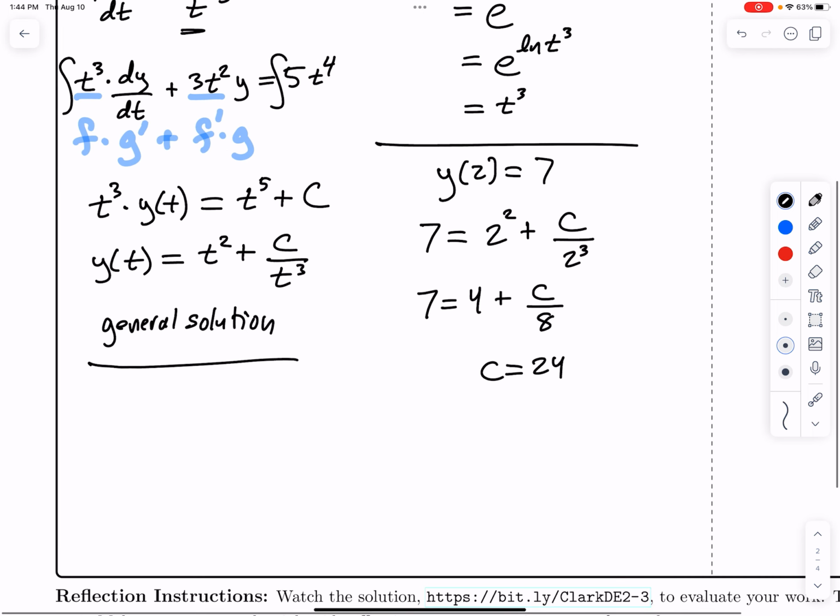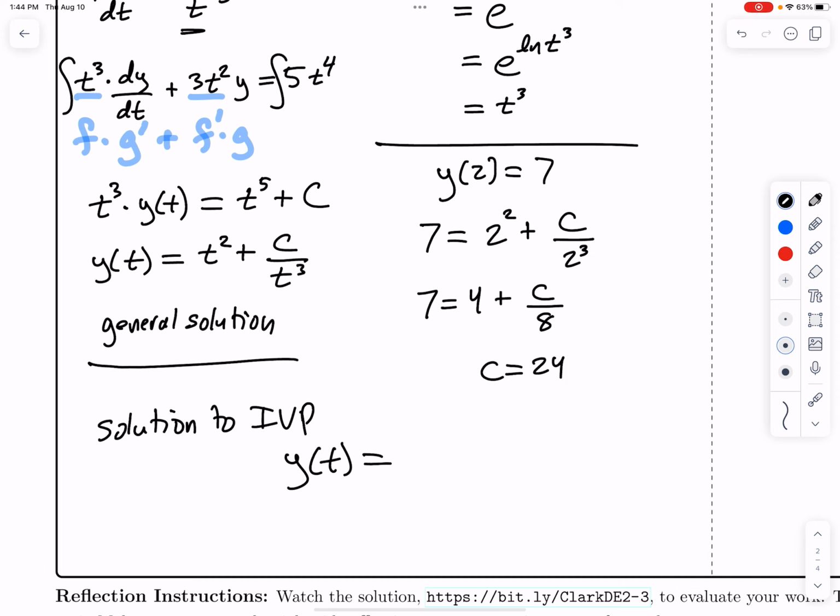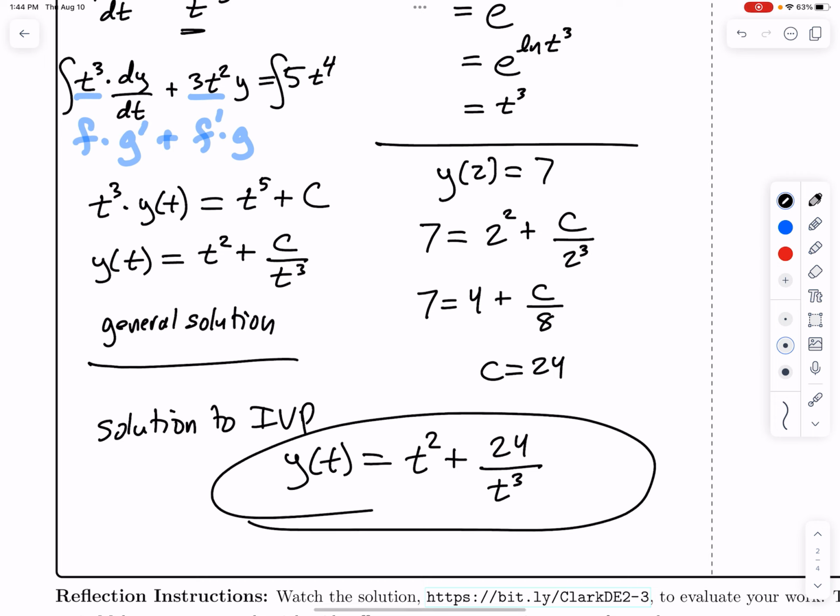So my solution to the initial value problem will be the function y of t is equal to t squared plus 24 over t cubed. And that is the answer you should have for this problem.